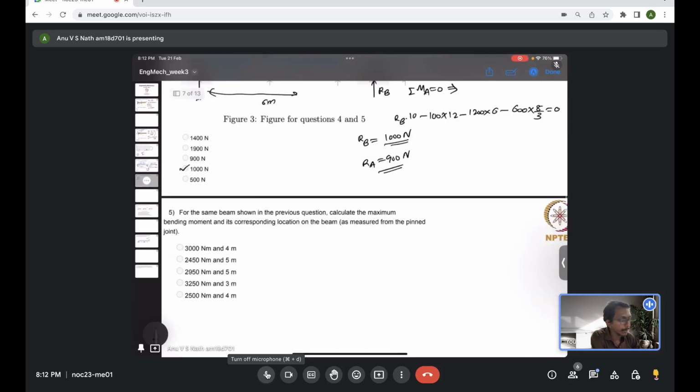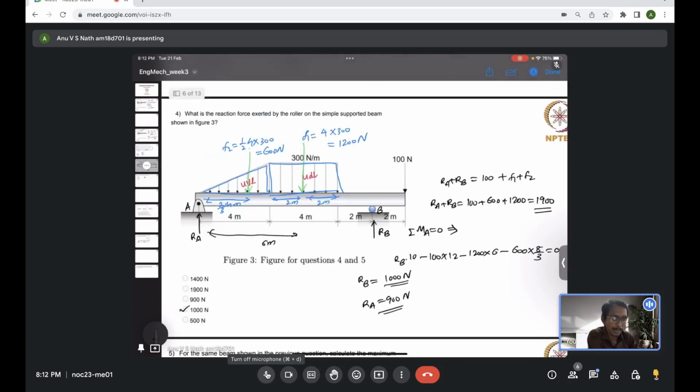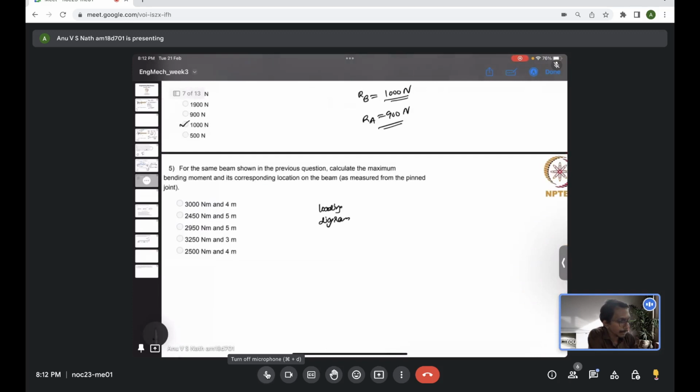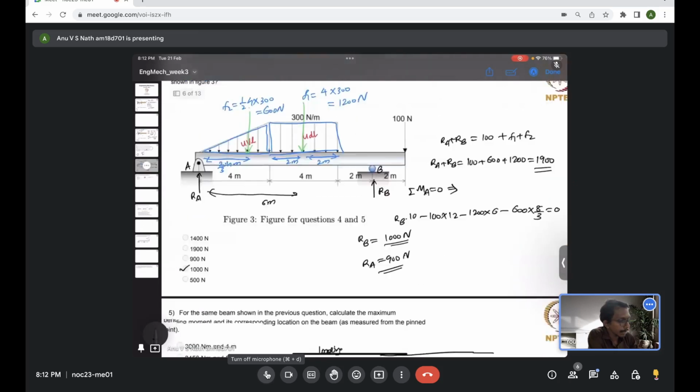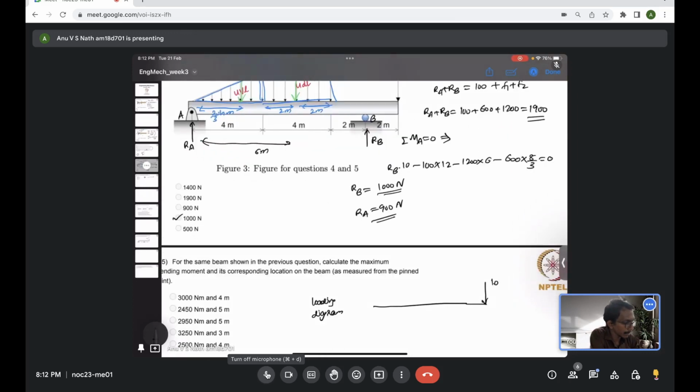We'll start with the loading diagram. The loading diagram is nothing but what is given there, just that we'll additionally have the reaction forces added to it. If you see, basically you have a beam, and at the right end there is a 100 Newton force acting, and at the location B there is RB acting, which is 1000 Newton.